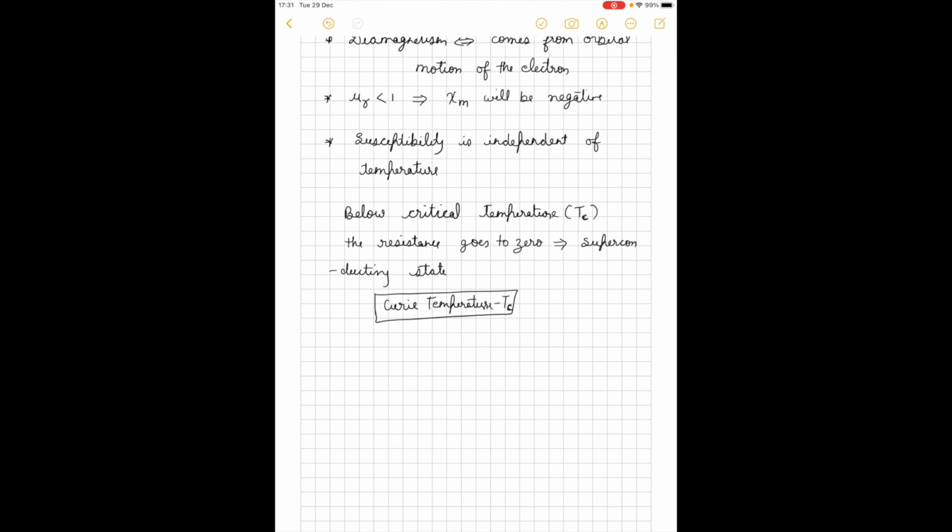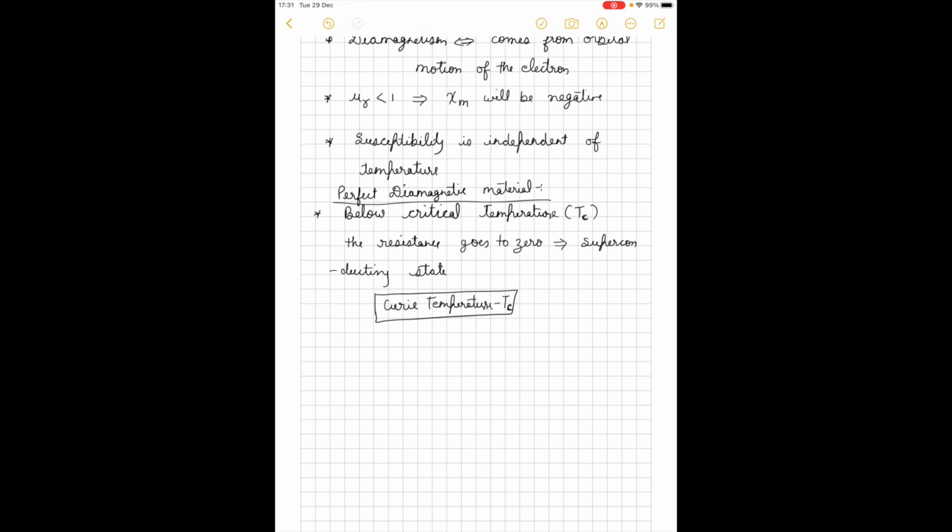Another, I'll just write down, perfect diamagnetic material. It's a superconducting state.